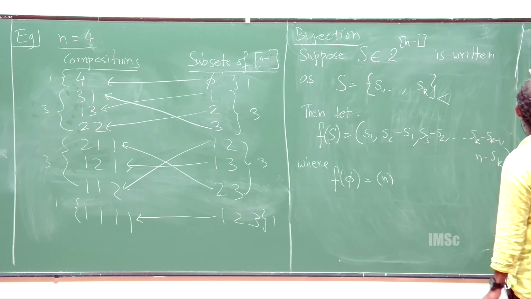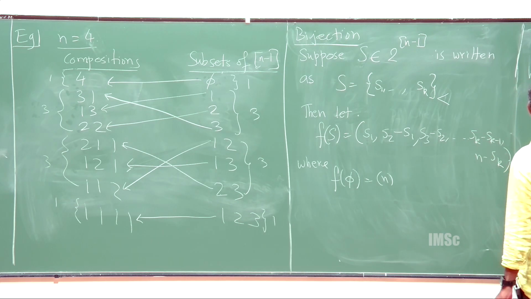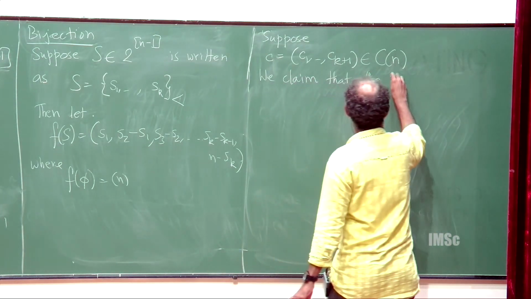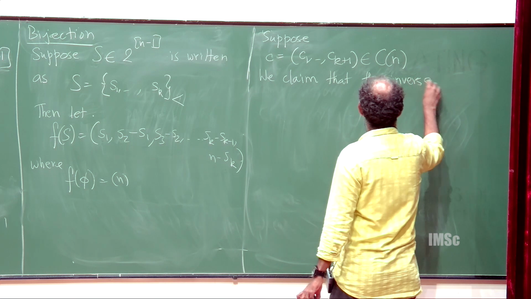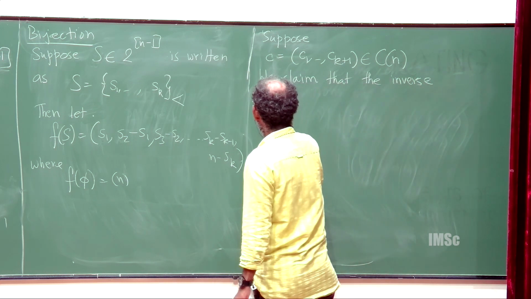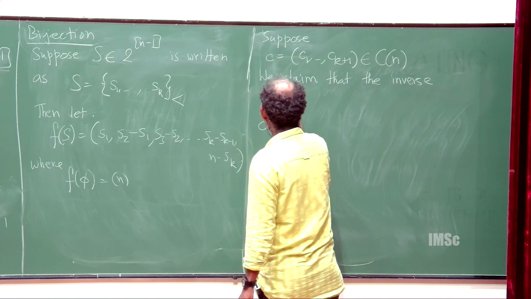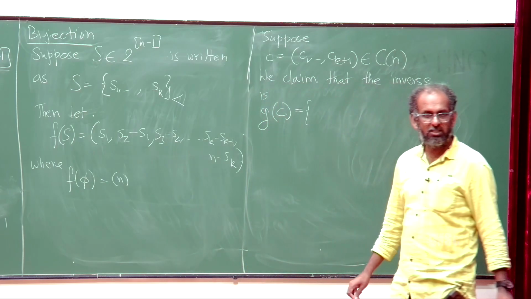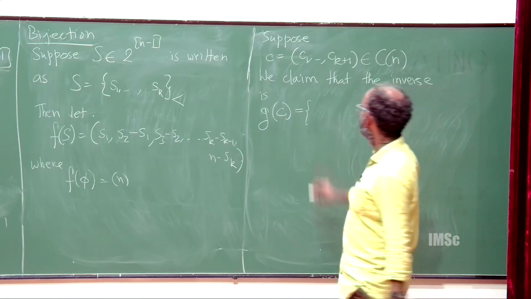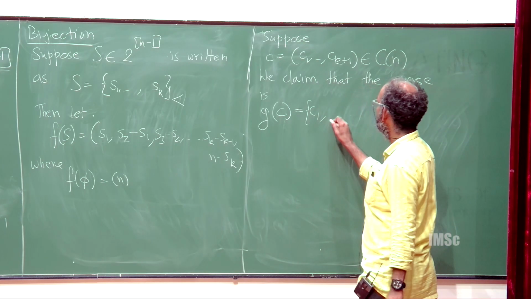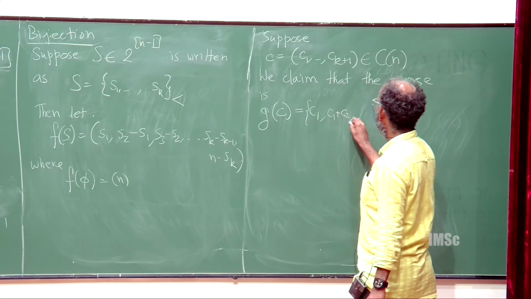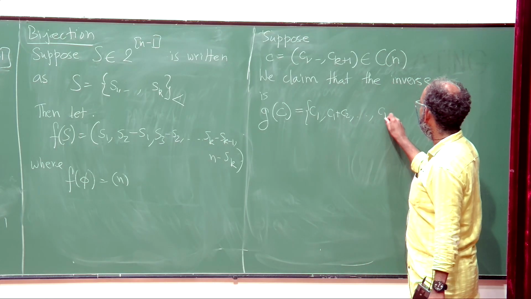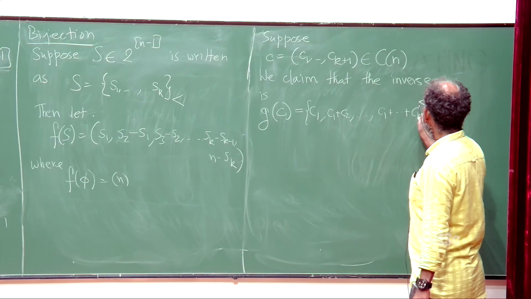Okay? So what is the guess? We claim that the inverse, let's call it G, G of C is what? The first element is C1, second element C1 plus C2, etc. And the last element up to Ck.